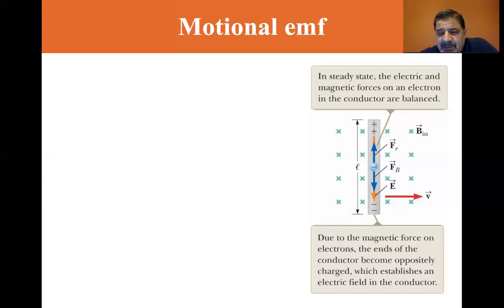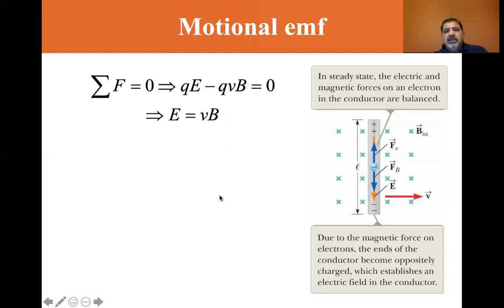You see the positive charges go to the top, and the negative charges go to the bottom, and that sets up an electric field in the conductor. So we see that the sum of the forces equals zero, and then you've got forces coming from two directions.